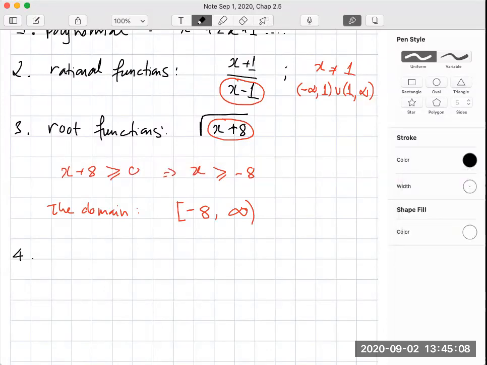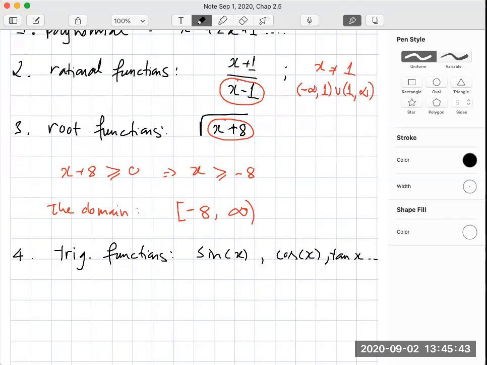Four, the trigonometric functions, which are sine x or cosine x or tan x, etc. Remember, tan of x is defined as sine over cosine.